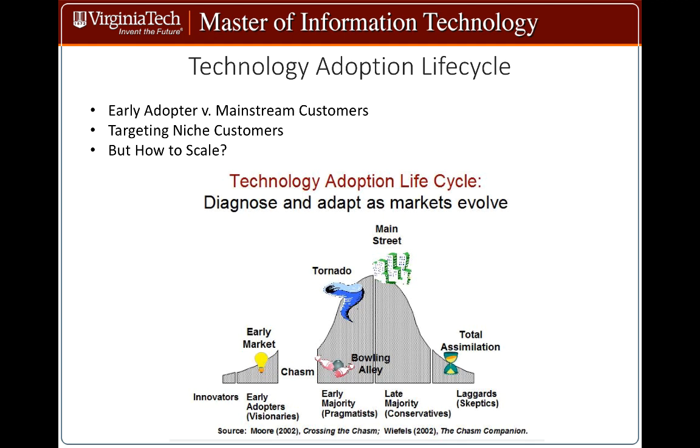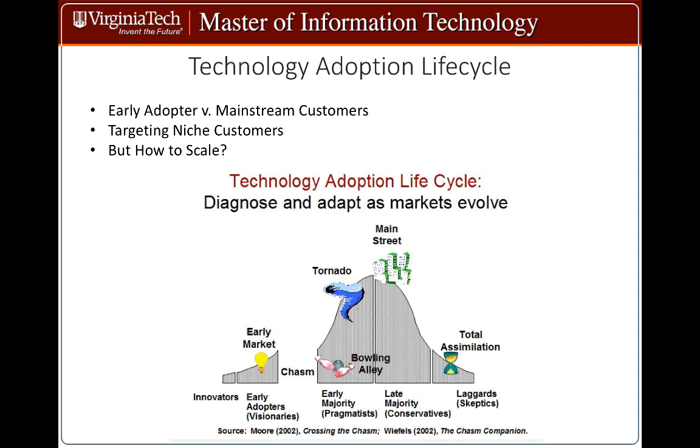We use the analogy of the bowling alley as a framework to understand that attacking the mainstream market is about picking the right entry market, dealing with the pragmatism that customers have, and then using that in a bowling pin style to knock down other segments within that mainstream market. When you cross the chasm, it's important to target a particular niche that has a specific set of needs and wants.